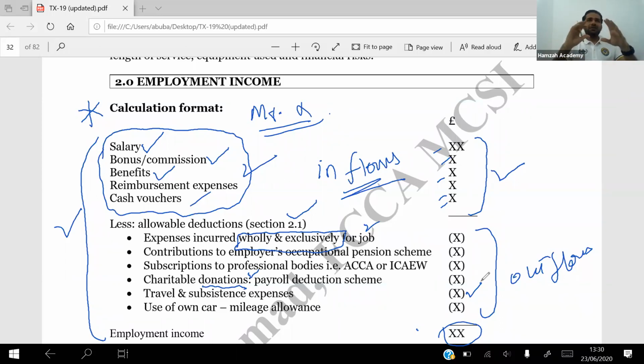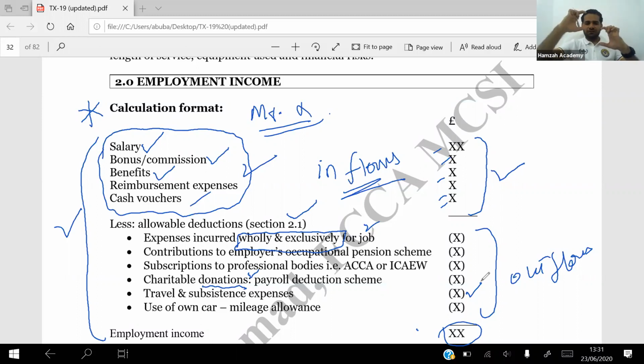Now, to give you a one-liner, why do we have to deduct from his employment income, from his salary, bonuses, commissions, and everything? Why do we have to deduct this part from here? Again, I would say think of that person also as a legal person, like an entity. If he is earning this much, he is also spending something. When he is spending related to the work, that should be deducted also to arrive at the net figure he is left with, so we can charge the tax on that amount.